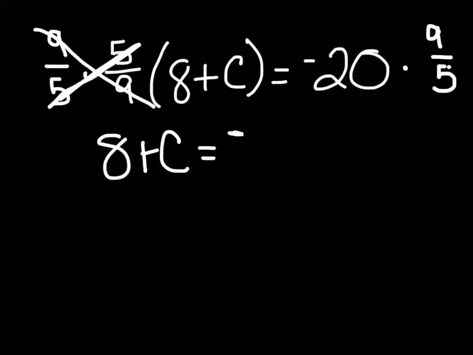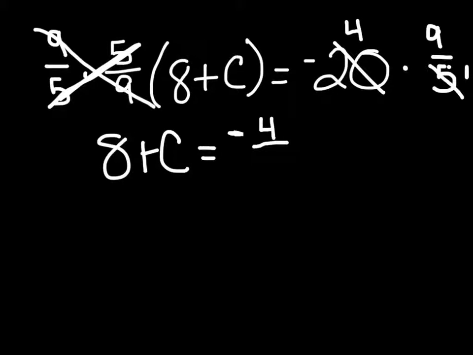How many times does 5 go into 20? 4. So I cross out my 20 and it becomes a 4. How many times does 5 go into 5? 1. So I cross out my 5 and it becomes a 1. Okay, so this is now negative 4.